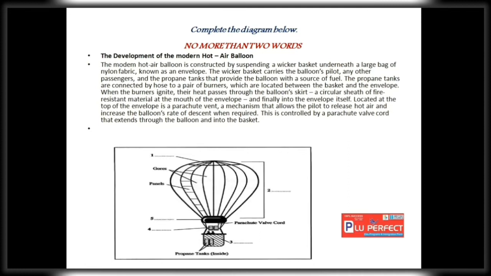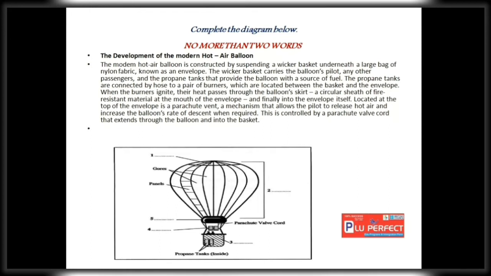Now you need to see where exactly a particular arrow is pointing, because if you understand this, I can guarantee you, students, your answers will not go wrong, because then you will be labeling a diagram with proper understanding rather than merely reading the content.